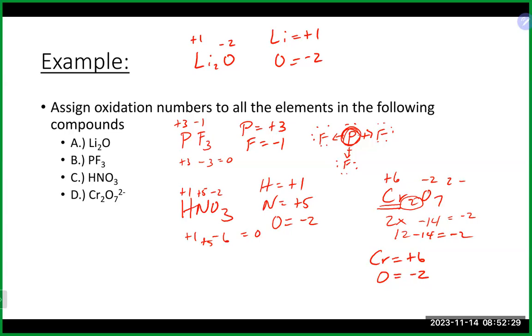So again, these illustrate the idea that when things do share electrons in a covalent situation, because of who they're sharing electrons with and the difference in electronegativity of those elements, it can cause elements that we normally associate with negative charges to actually become more of a positive oxidation state. I think we saw something similar to that when we were looking at acid strength.